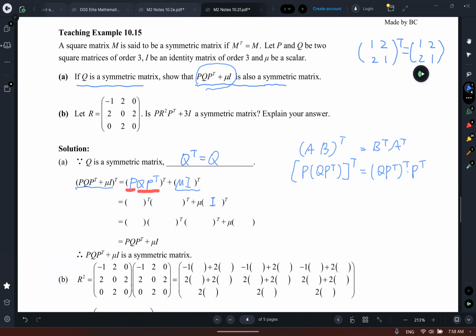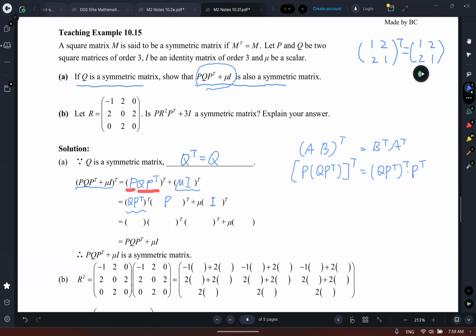This is QPTT times PT. Okay. Now, for this one, I can further expand, right?